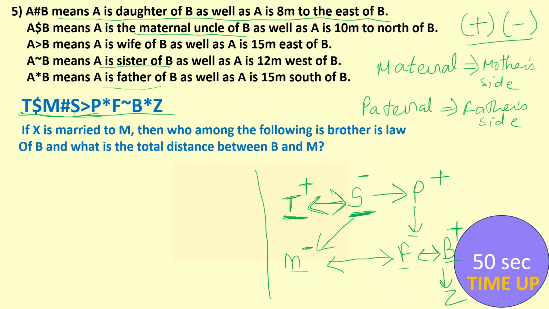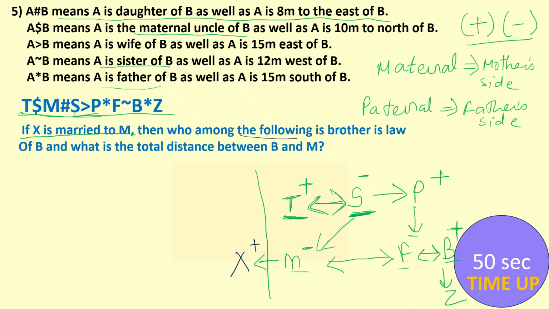Next comes here. Now from this you can answer the blood relation question. If X is married to M, what are they saying? If X is married to M, okay, there is X which is married to M. So if M is female, then X should be male, correct?